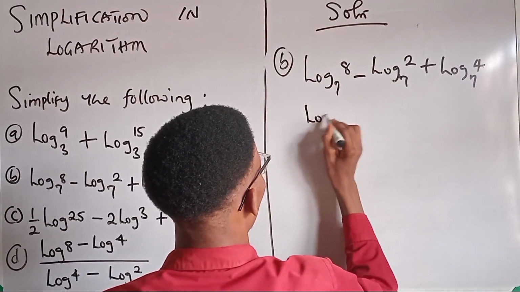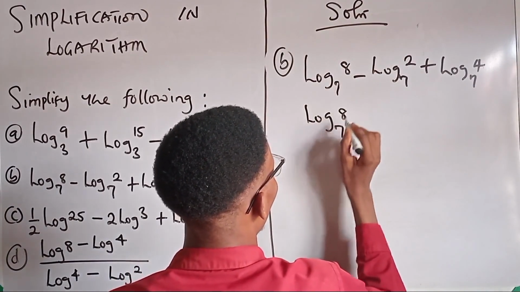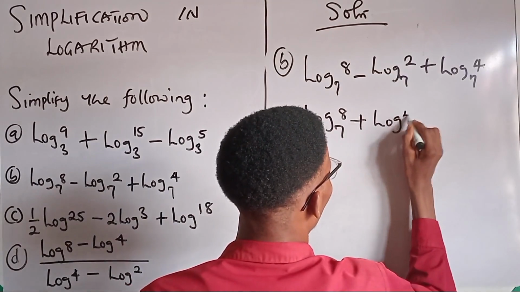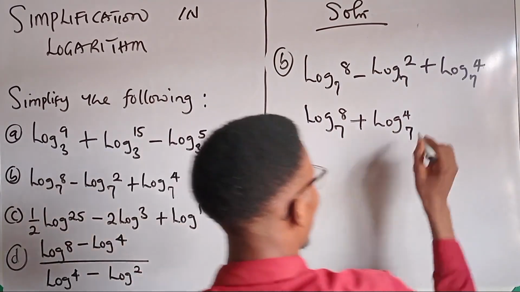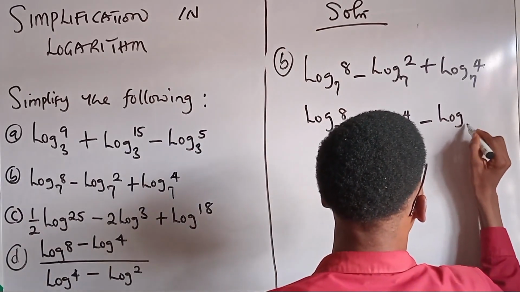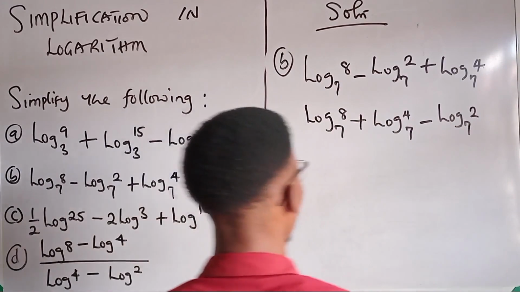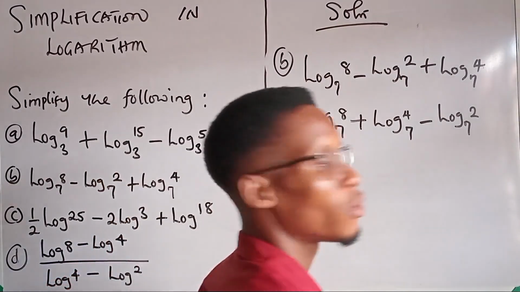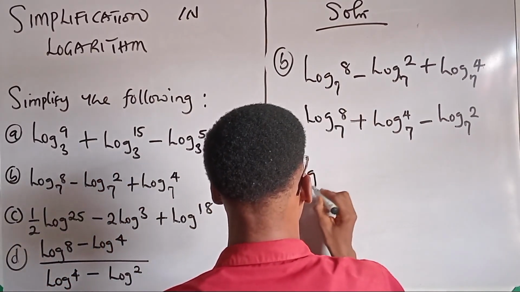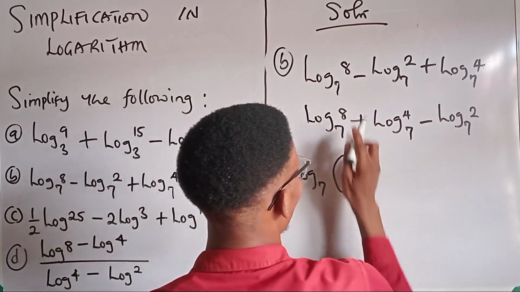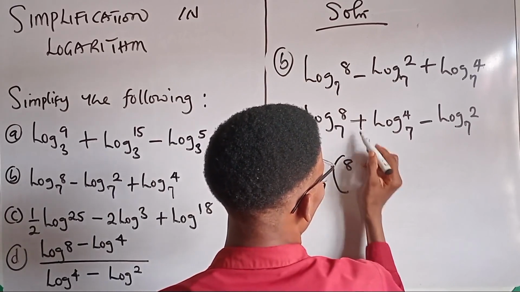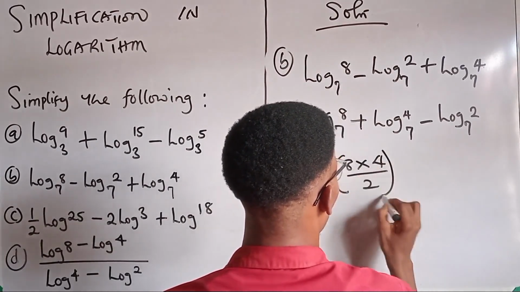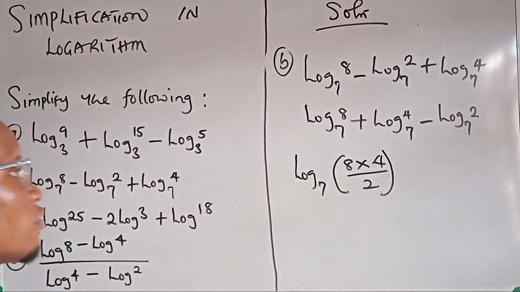It will now look like log base 7 of 8, then plus log of 4 base 7, then minus log of 2. In this case, can I collect the like terms, which is the log of the same base? So we can now collect the base, which is log of 7. Then here should be 8, then the plus will change to multiplication, this is 4, then divide by 2. That is what it's going to give us.